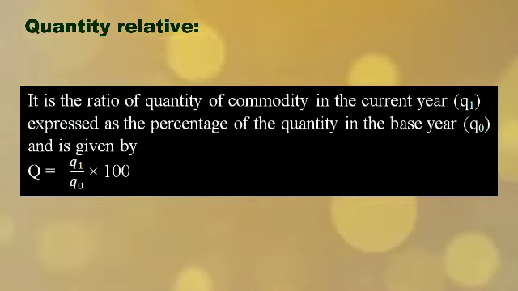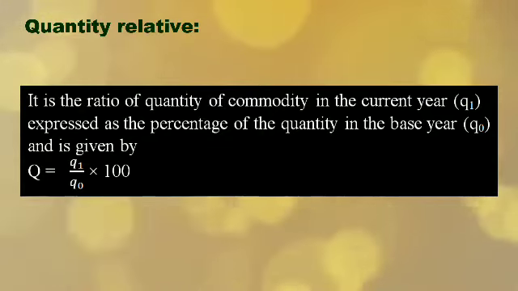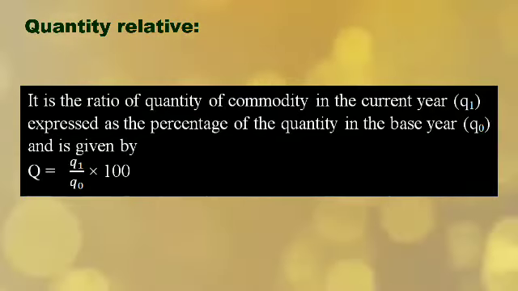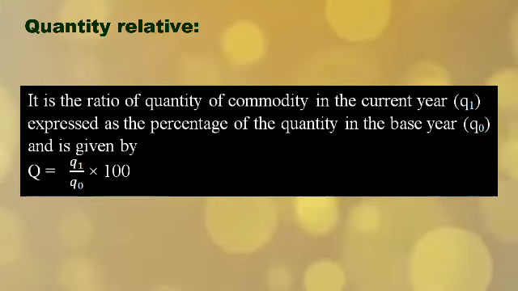Again here capital letter Q denotes the quantity relative, the value that you are going to estimate. On the other side, small Q1 by Q0 multiplied by 100, where Q1 is the current year quantity divided by the base year quantity Q0, multiplied by 100.